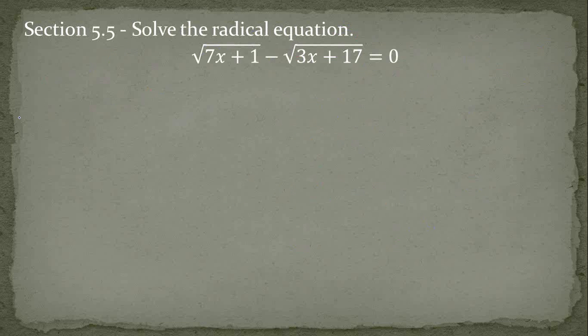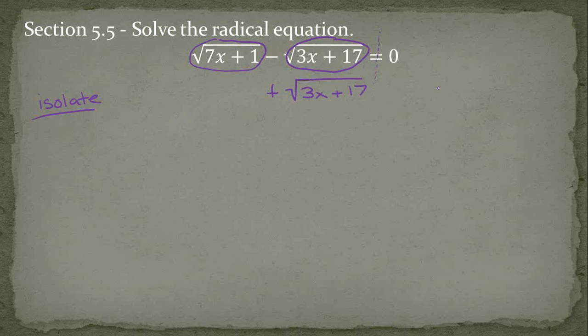To solve a radical equation, the first step is to isolate the radical. That means you want to have a radical all alone. You want the radical to be alone on each side. These radicals are together. To isolate them, I'm going to add this to both sides.